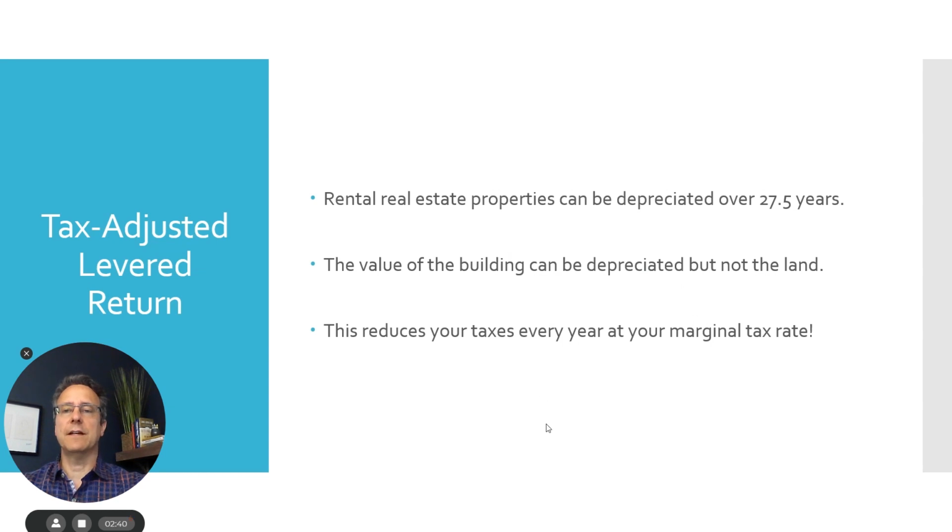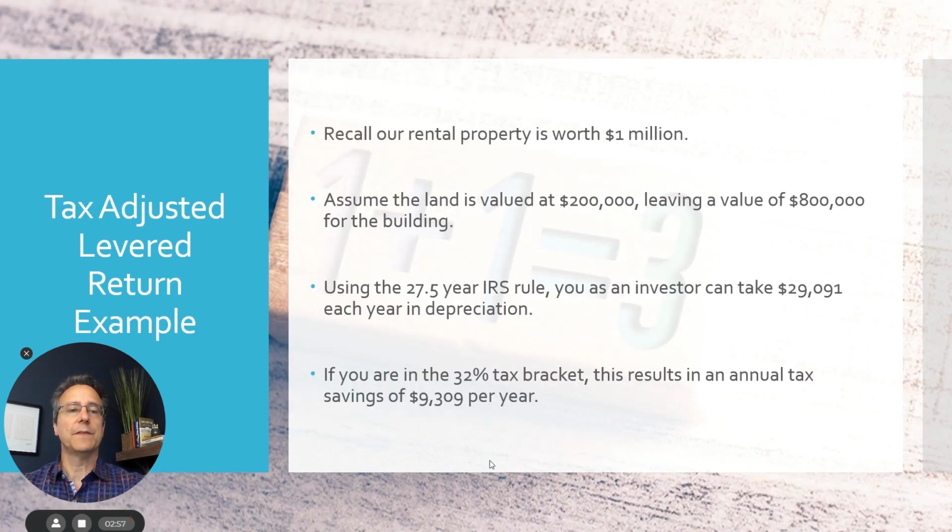So rental real estate can be depreciated over 27 and a half years. It's important to note that the value of the building can be depreciated, but not the land that it sits on. But even with that, it's a big savings every year when looked at in the context of your marginal tax rate. So again, let's dig into our example. We've got a rental property that's worth $1 million.